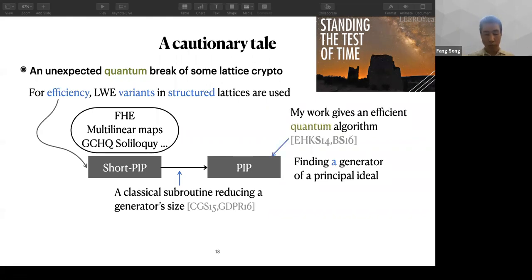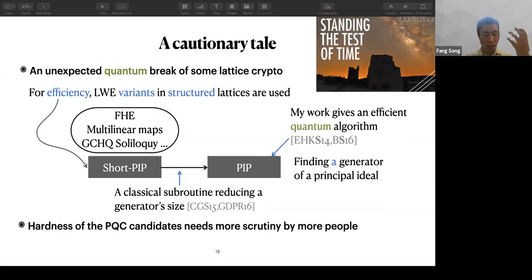And with my collaborators, we came up with an efficient quantum algorithm. And you can see as a result, this would solve the short PIP and also break the cryptosystems based on it. Okay, so I think the message here is it's just too soon to be certain, and we need more cryptanalysis from a lot more people.